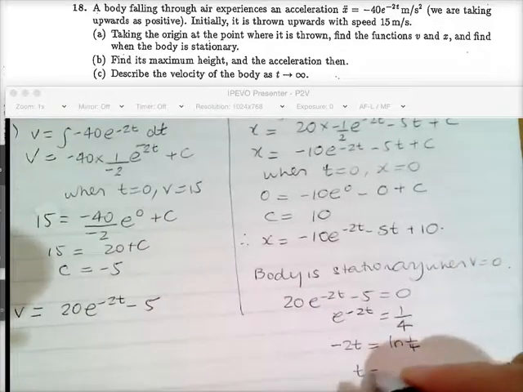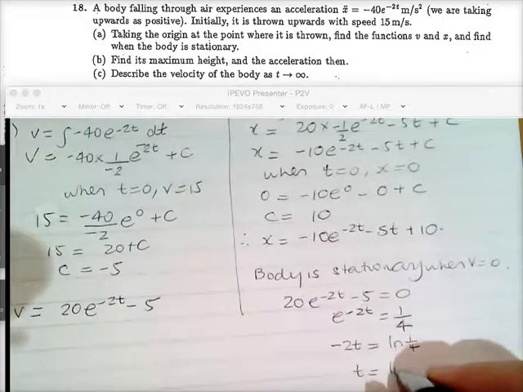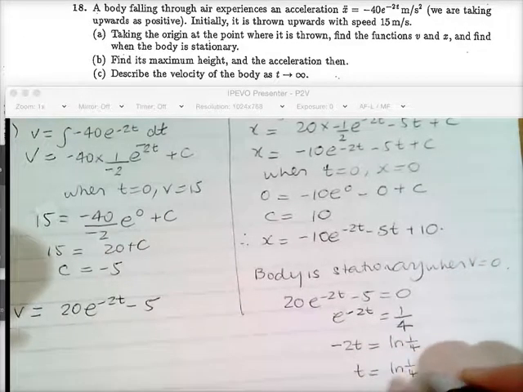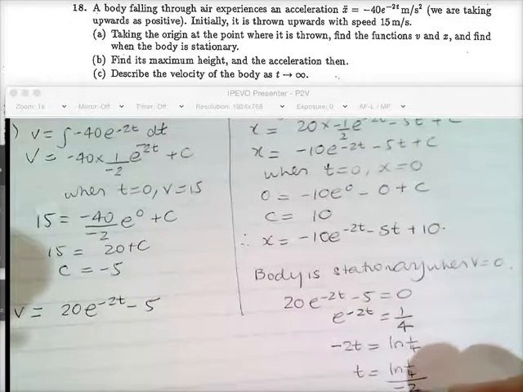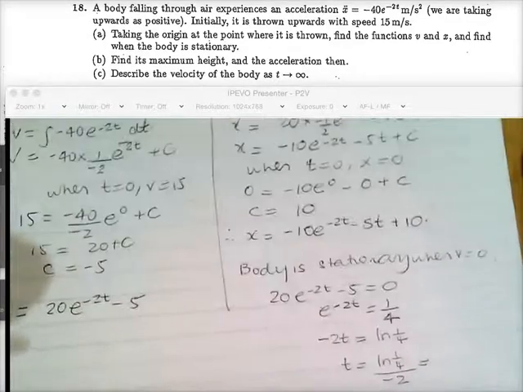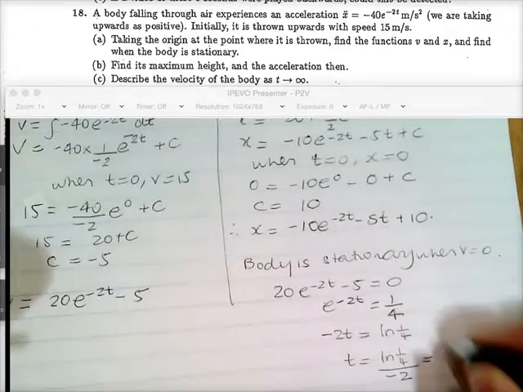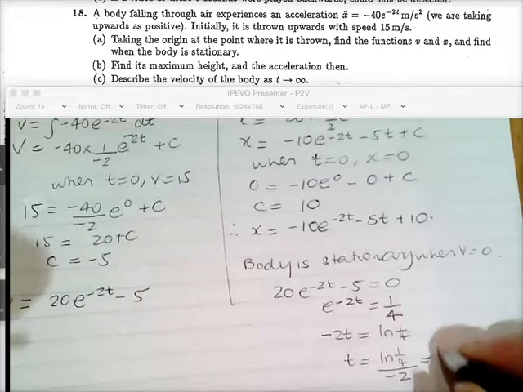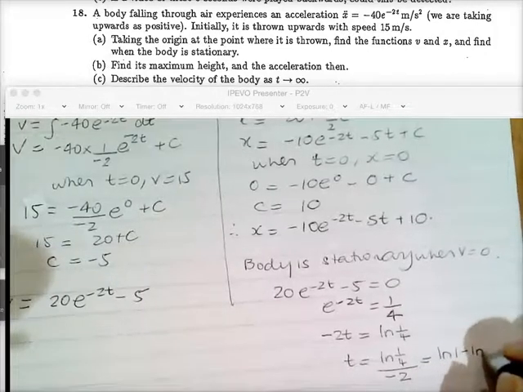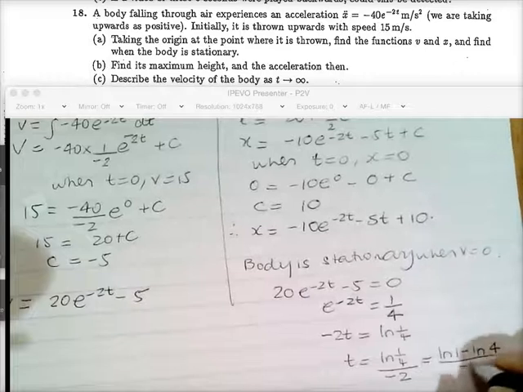And t equals ln(1/4) divided by -2. Now ln of a quarter is ln 1 minus ln 4, over -2.